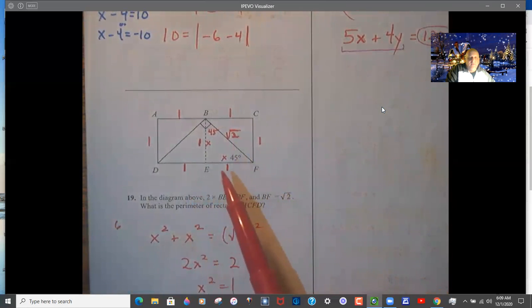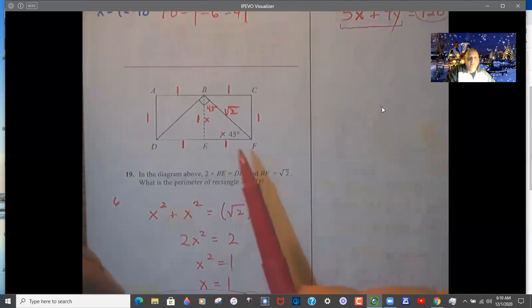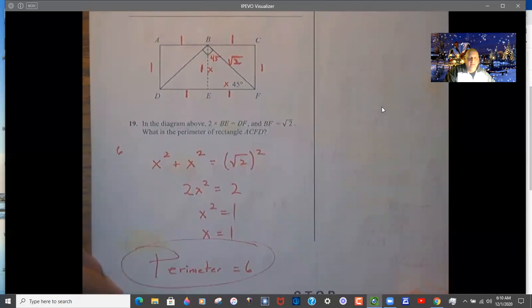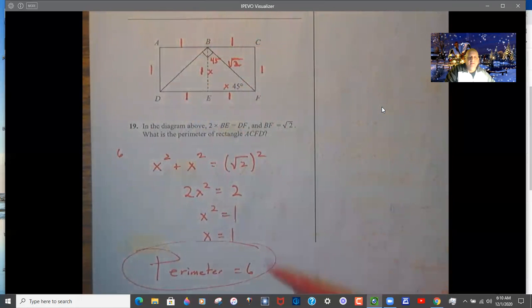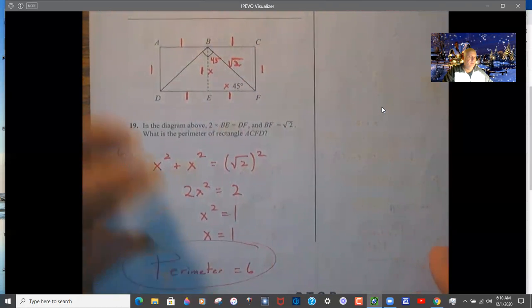And so just based on the fact that you can conclude this is 1, you can also do the Pythagorean theorem to get the fact that these two are 1 to validate it. But so this ends up being a perimeter of 6. And that's the work if you didn't know the 45, 45, 90 right triangle rules. You can actually do this out to prove it.